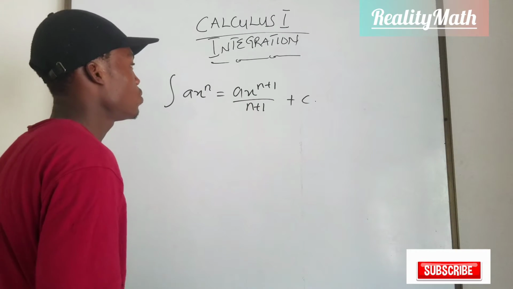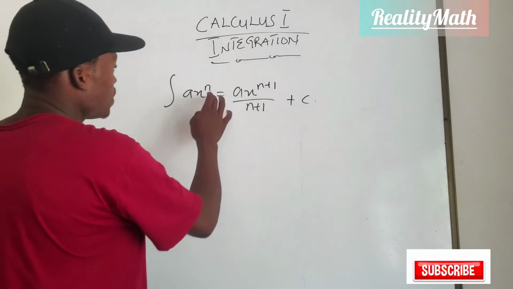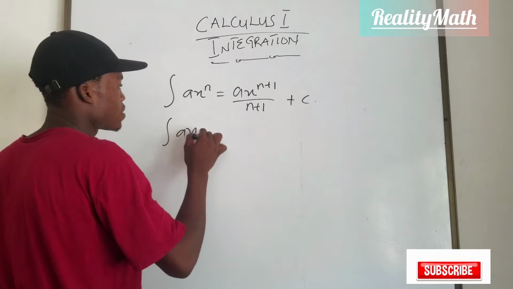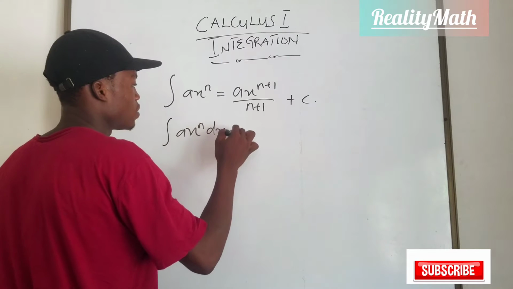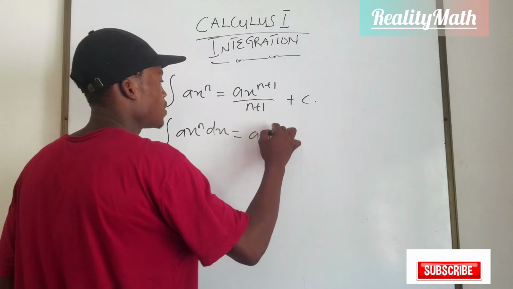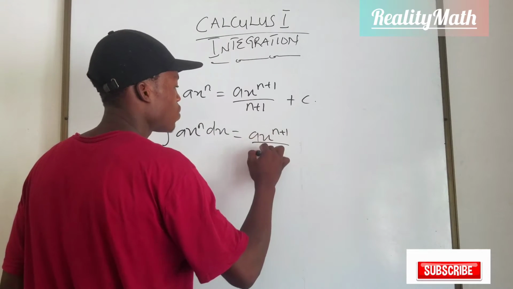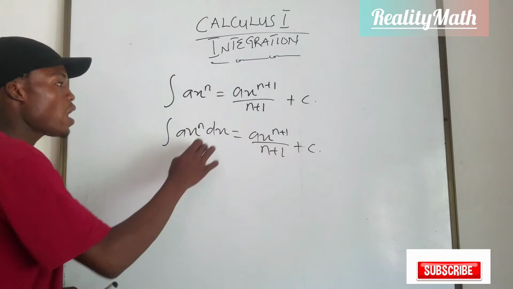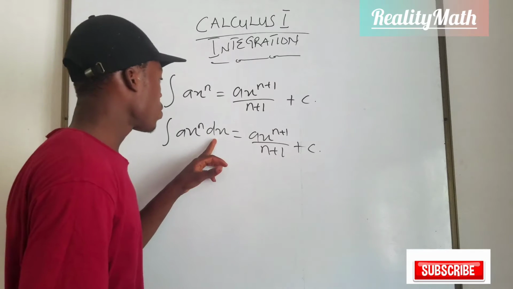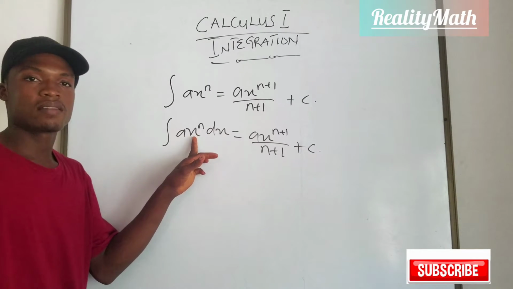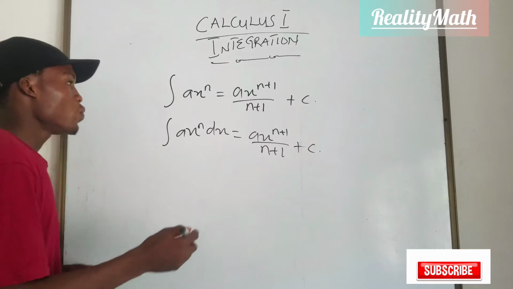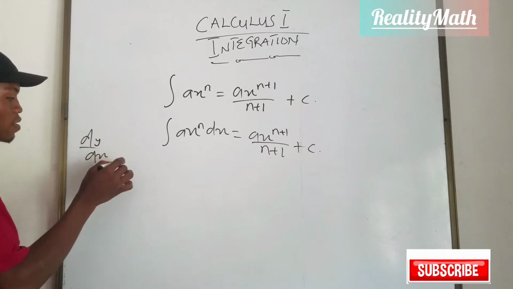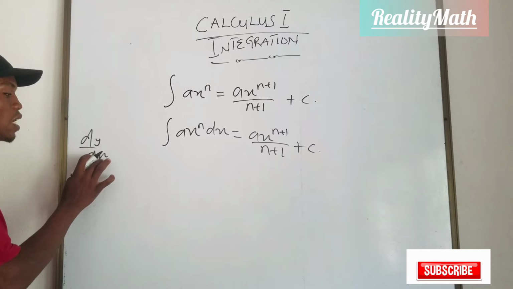Now we have to add the dx, so let me rewrite it. The integral of ax to the n dx gives us ax to the n plus 1 all over n plus 1, plus c. Why are we adding the dx? The dx is there because the function is in terms of x, just as with dy/dx.